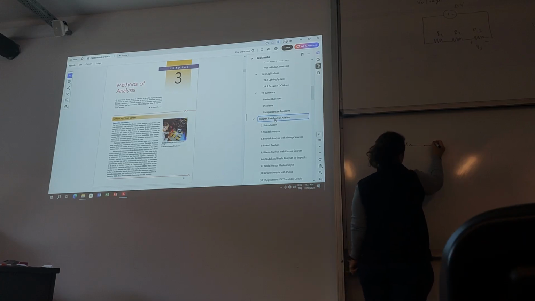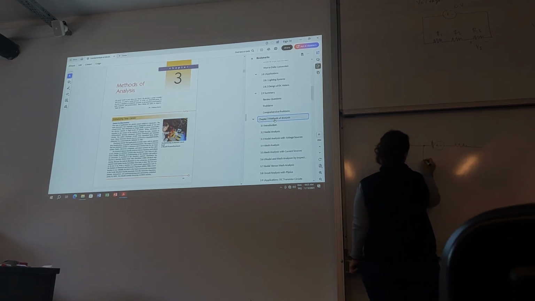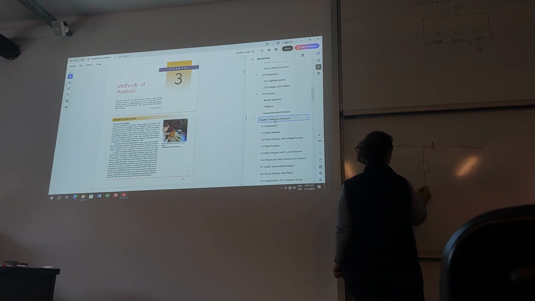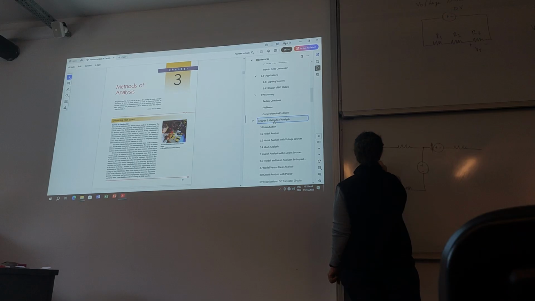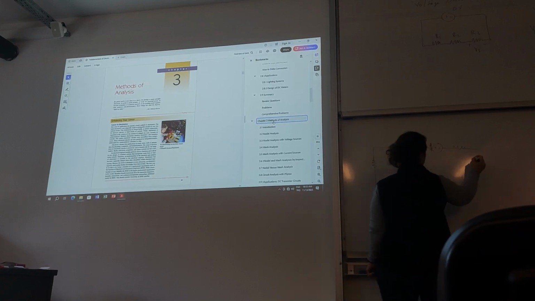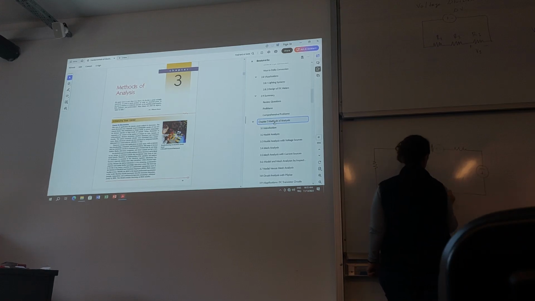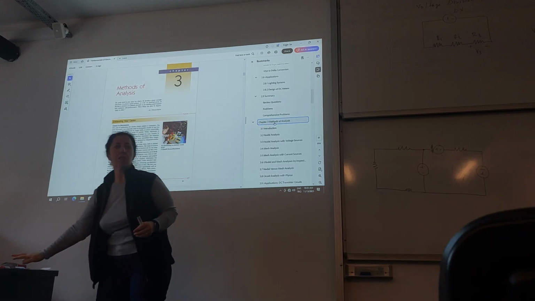Remember the idea. Again, I'm just going to draw some random circuit. How many nodes do we have in this circuit?